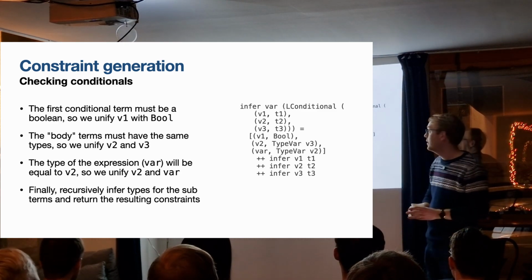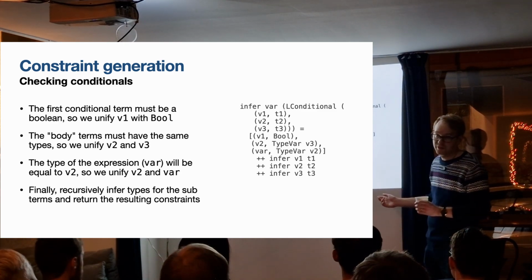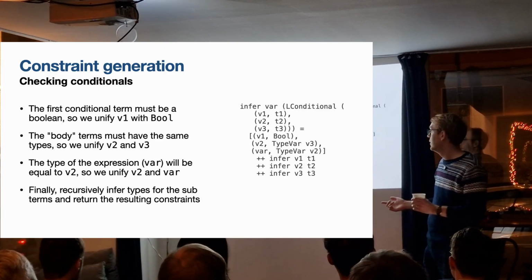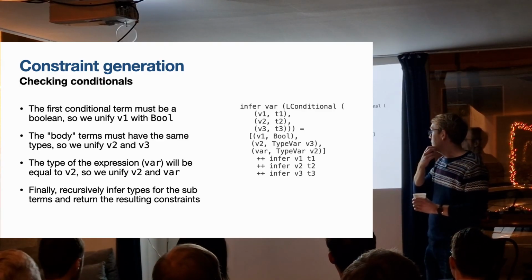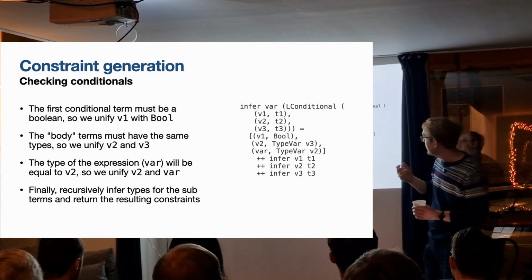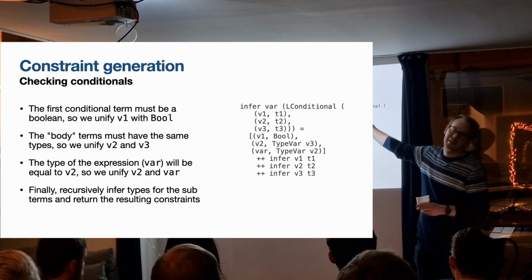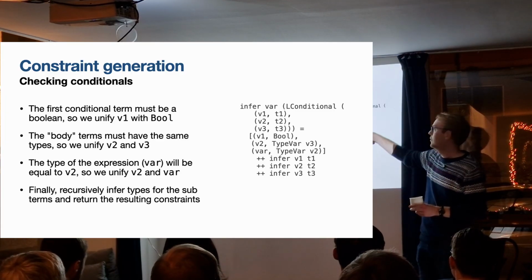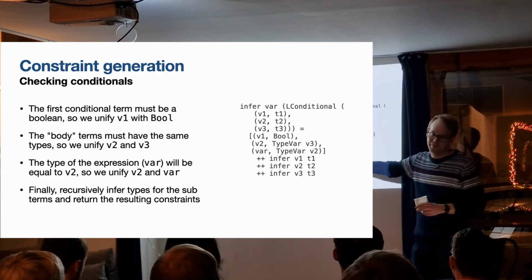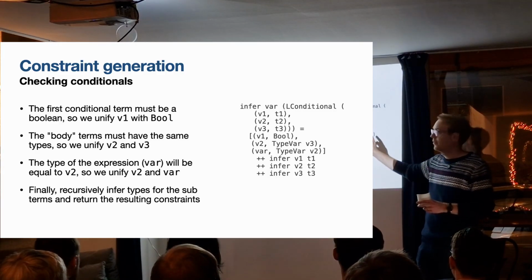Okay, so now we implement the rule for conditionals with constraints. If we get one of those labeled conditionals as input, we know we'll get three pairs of variables and terms.